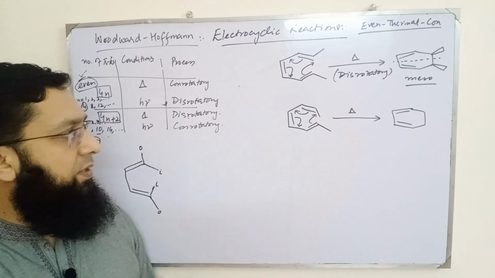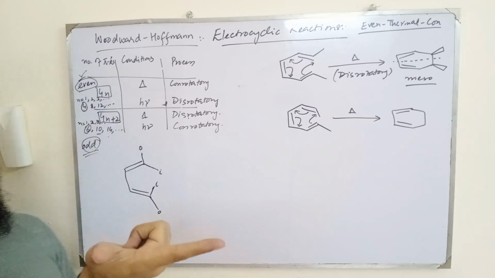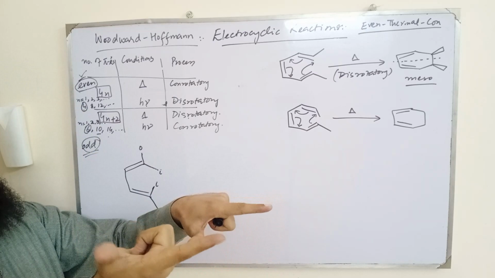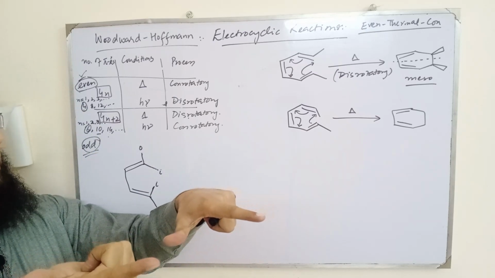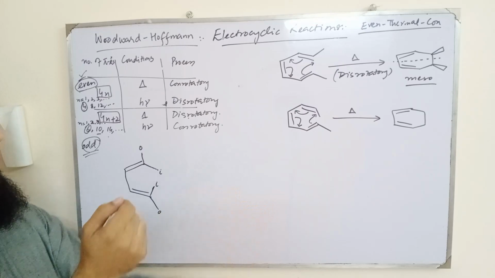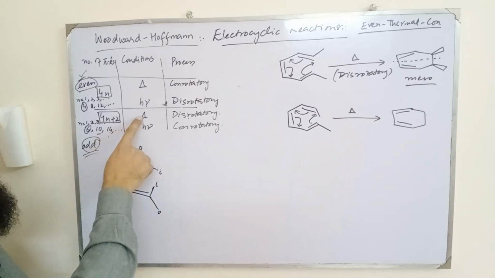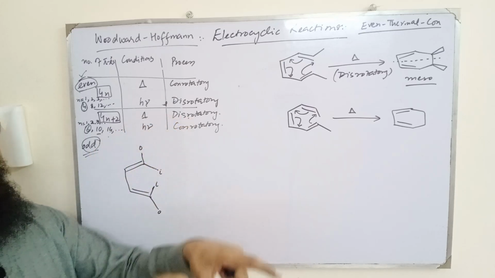Again, this is outside, this is outside, and this is inside. One methyl group is pointing outside and one methyl group is pointing inside, and the process in this case is odd number of electron pairs, thermal condition, disrotatory, so both would move in opposite directions.